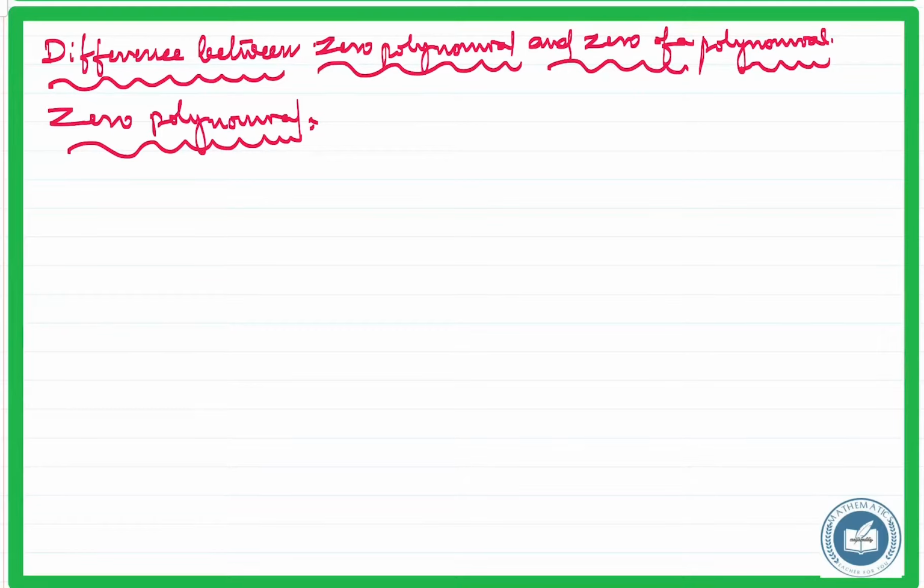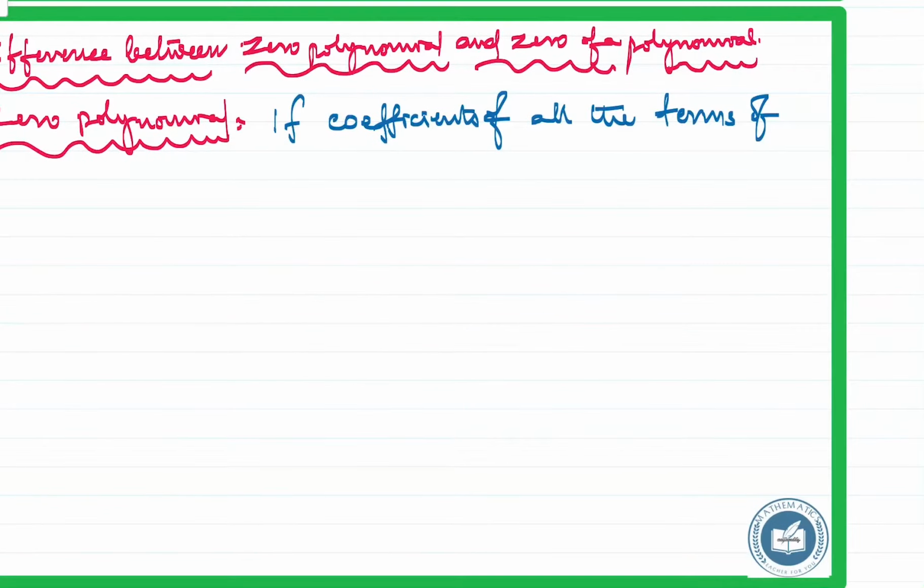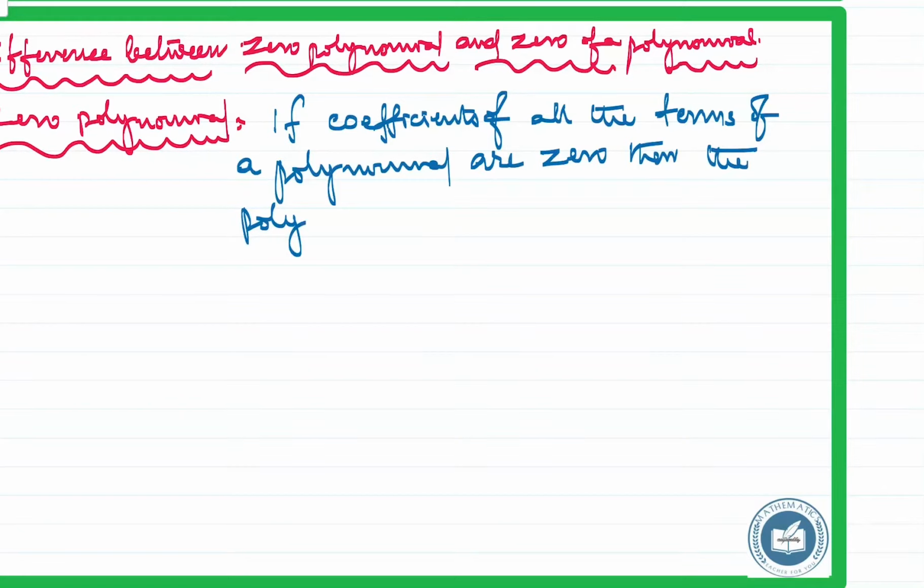So, if coefficients of all the terms of a polynomial are zero, then the polynomial is called zero polynomial.